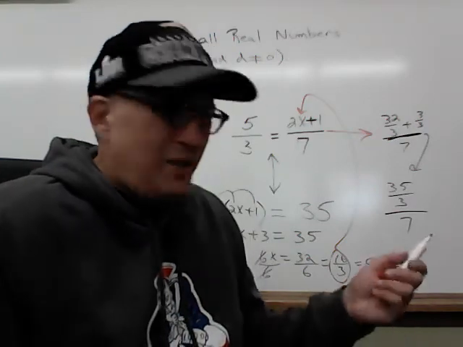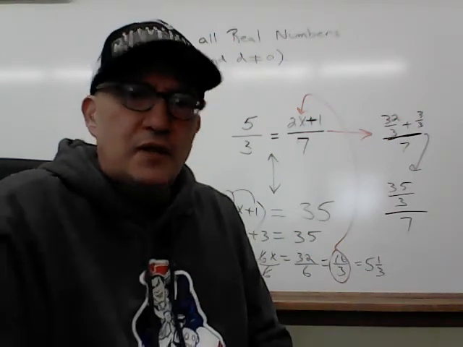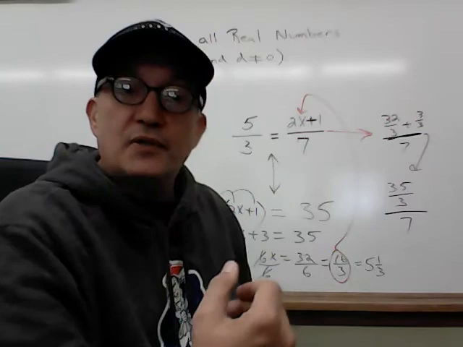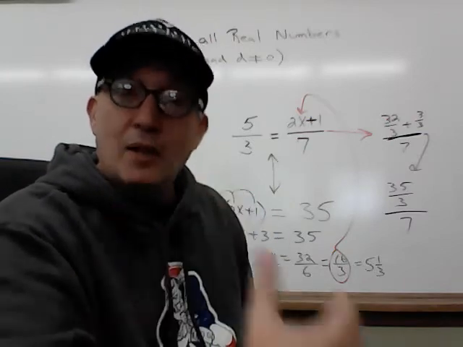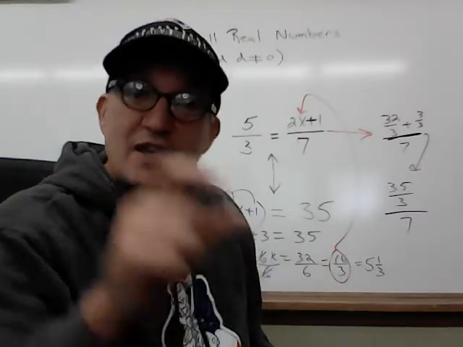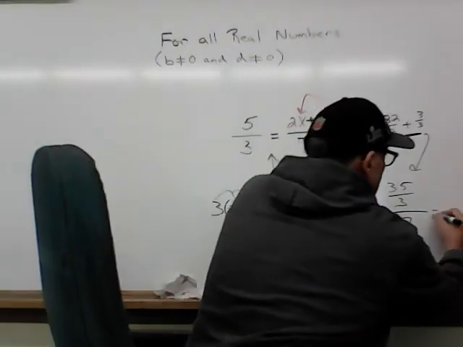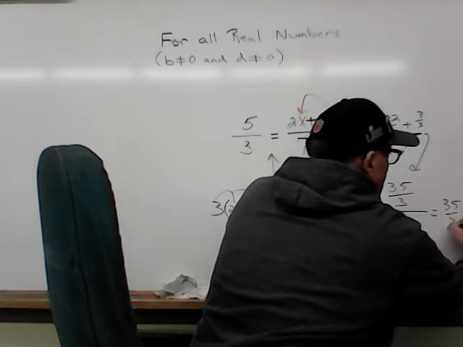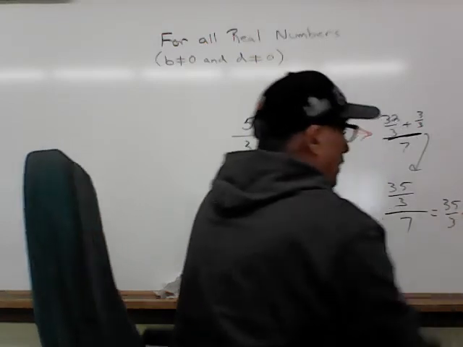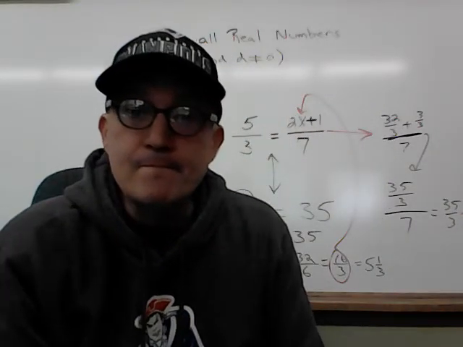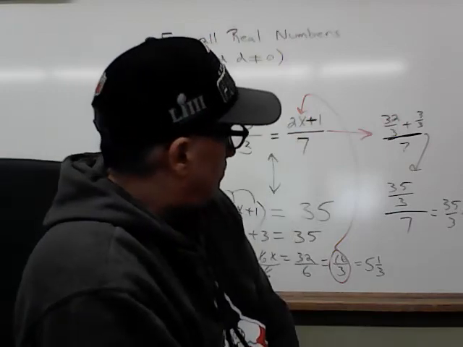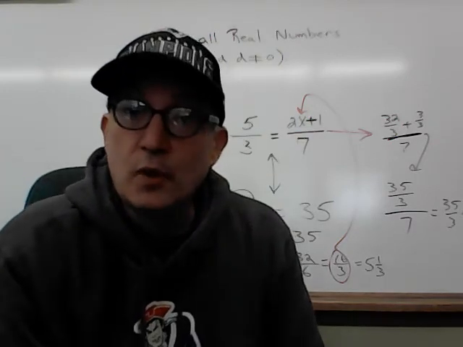Well, what does it mean to divide by 7? Think of it as 35/3 divided by 7. Isn't that the same as multiplying by 1/7? Dividing by 7 is the same as multiplying by 1/7. So this is 35/3 times 1/7, right? And that's 35 over 21.